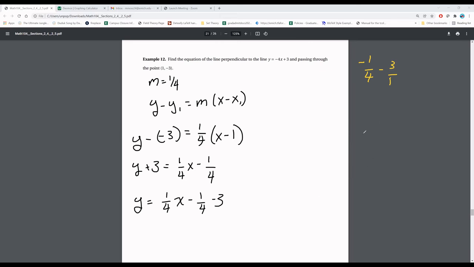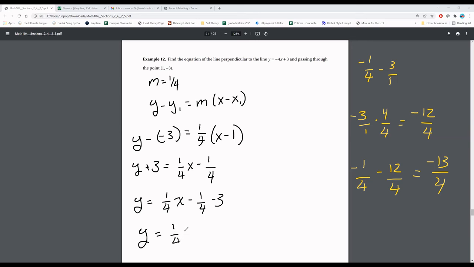That would make my life much easier, but it isn't. So again, I need to multiply by 4 over 4. That gives me my minus 12 over 4. So in fact, this is a negative 1 over 4 minus 12 over 4. That still gives me that negative 13 over 4. So I have y equals 1 over 4 x minus 13 over 4. I get the same thing no matter which method I choose.